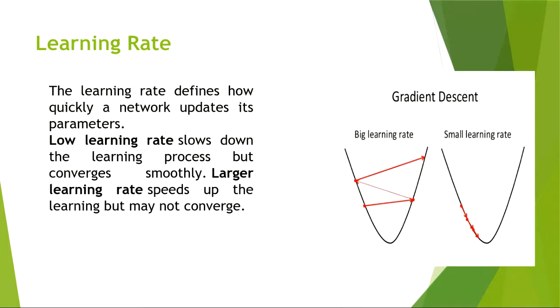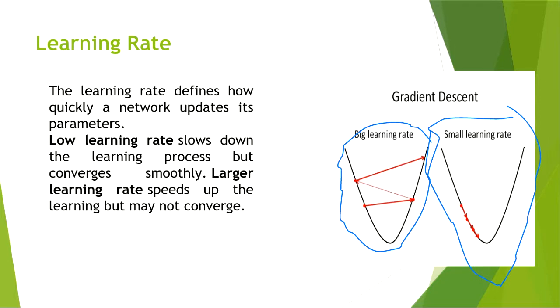This is an example where on the right, one is showing a big learning rate, and this is an example showing a small learning rate. This one has a very small learning rate. Earlier it was here, then after learning it was here, then here, here. Very slowly it is trying to learn.